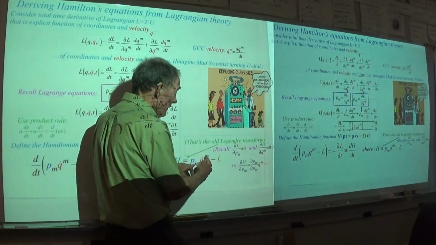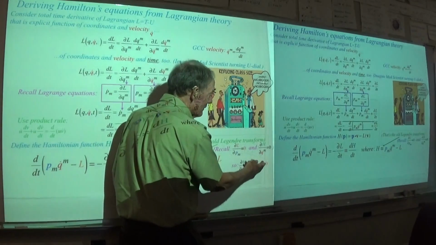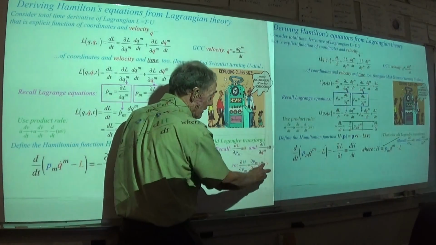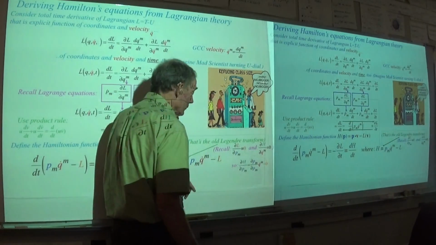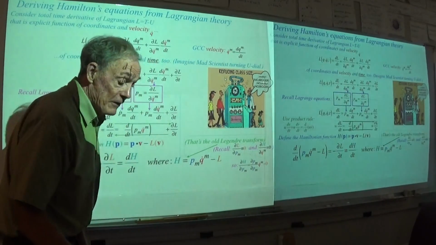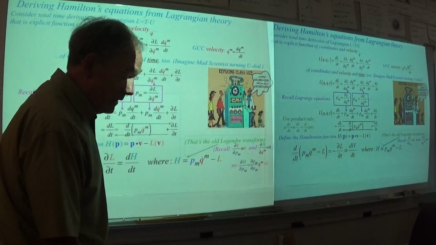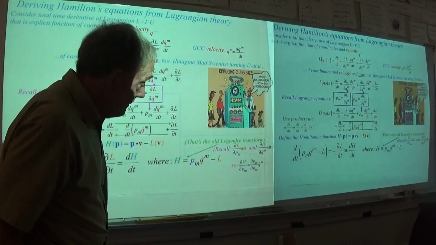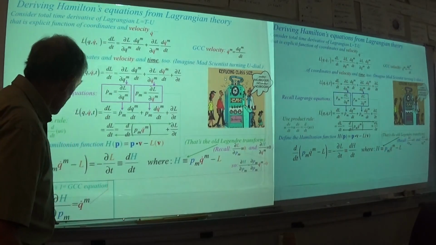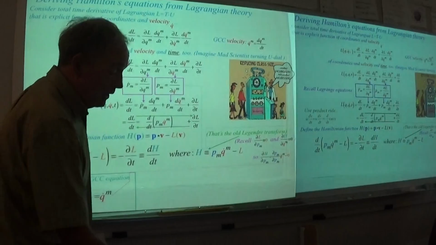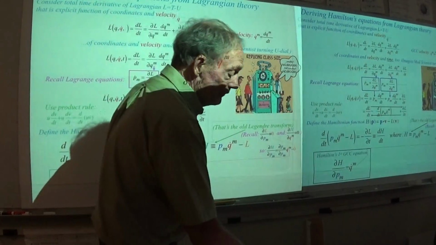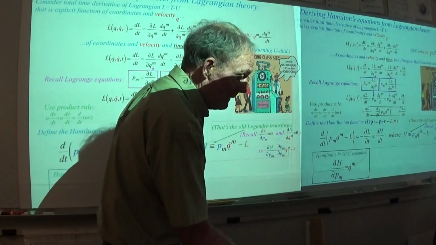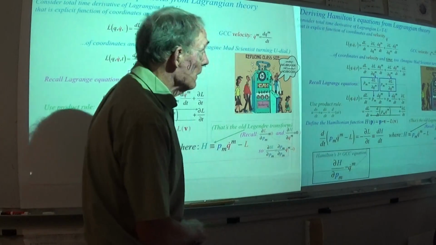But when I do this partial, well, it's on both sides, so I'm going to get just plain q dot m is the partial of H with respect to p m. And that is Hamilton's first equation. Writing it over here. Hamilton's first generalized curvilinear coordinate equation is that guy right there. Let's get it down here as well.